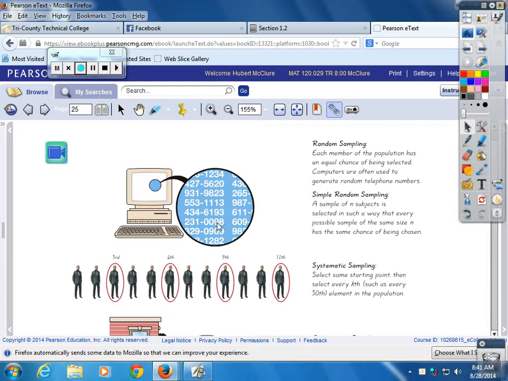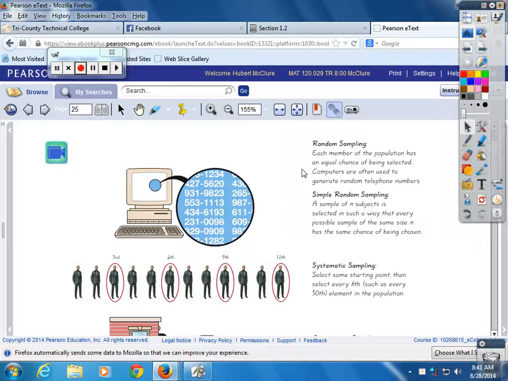There is a simple random sample right here. A random sample: me going through the phone book, putting all the pages up and throwing a dart at them. Okay, now that's impossible because you'd have to cover up all the walls and the ceiling and the floor with all the pages in the phone book with A through Z. So it'd be hard to throw a dart that way.